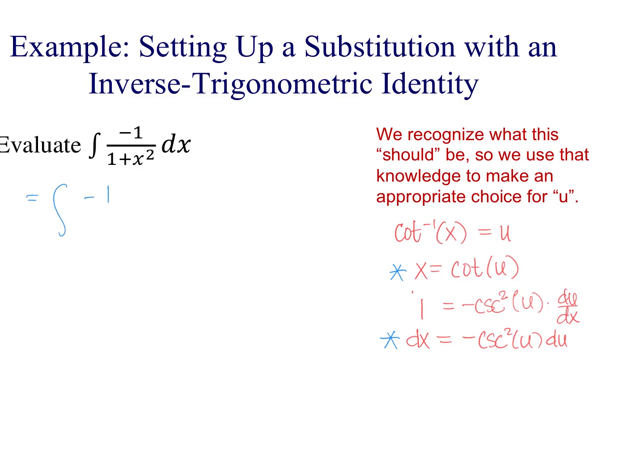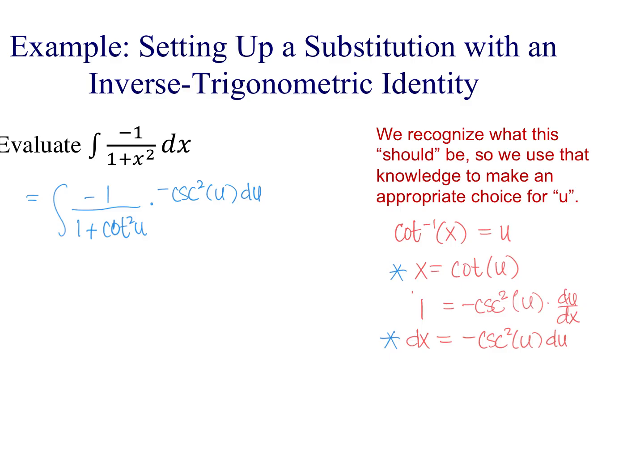So I'll have negative 1 over 1 plus cotangent squared u in the denominator times negative cosecant squared u du in the numerator. Which takes you back to that. There's an identity for 1 plus cotangent squared of u.